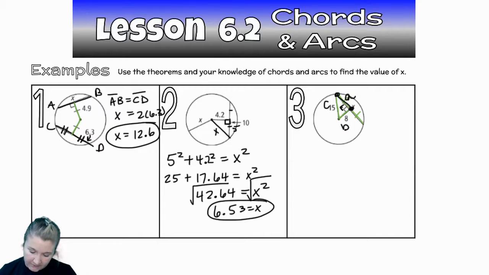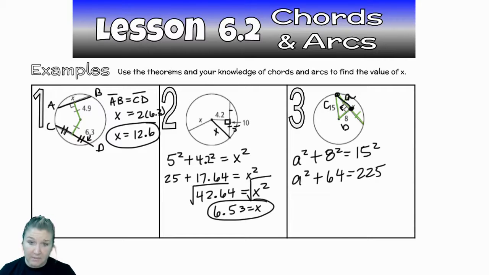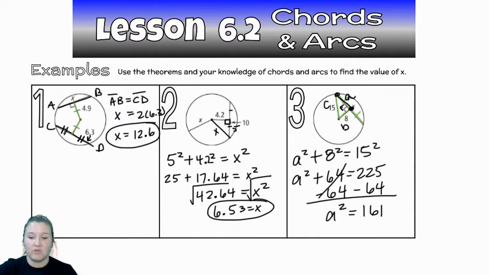So therefore, I'm going to have A squared plus 8 squared is equal to 15 squared. So A squared plus 64 is equal to 225. And then I'm going to subtract 64 from each side, and I'm going to get A squared is equal to 161, and then I'll take the square root of 161 here.